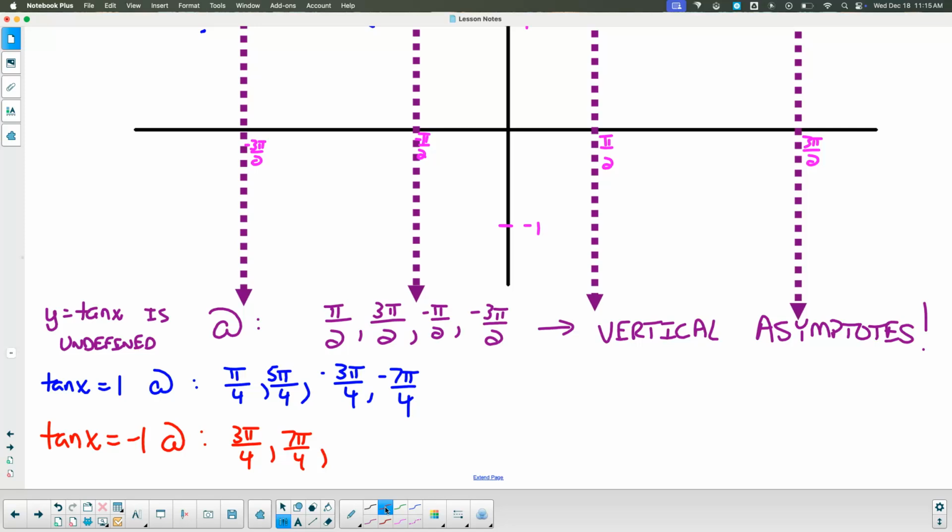Reverse, reverse. What do you got? Negative 5 pi over 4. And negative pi over 4.